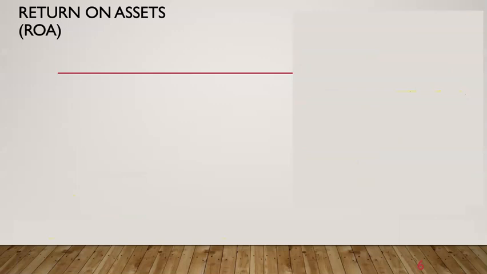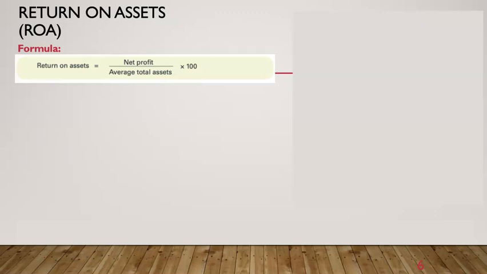Our next indicator is return on assets. The formula here is again net profit. This isn't surprising, all of these have something to do with profitability, divided by average total assets. What does this one analyze?